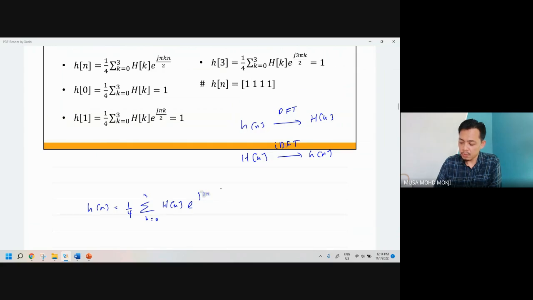So we can remove the 2 already: pi k n over 2.